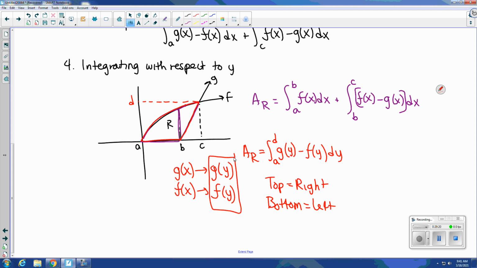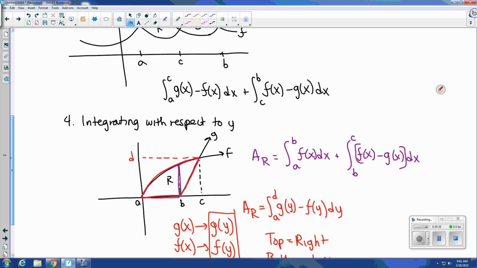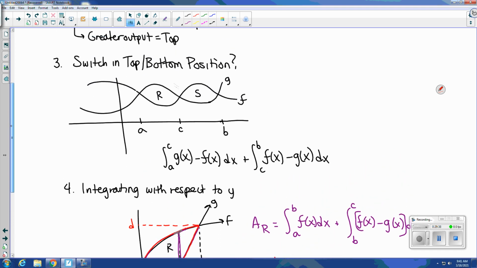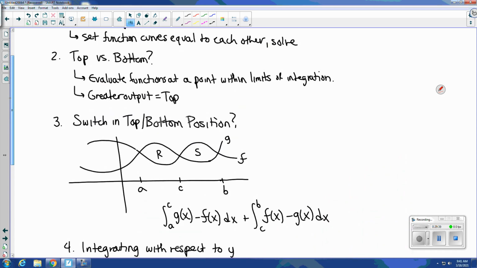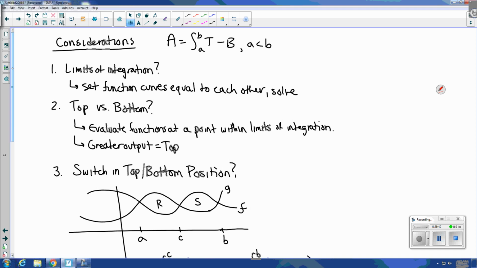Don't integrate the same functions as before and just change the x variables to y variables. You actually have to manipulate the formula so that you have x equals some function of y in each case. So those are all the considerations that need to be made, and that is how you integrate multiple functions to calculate the areas between function curves.